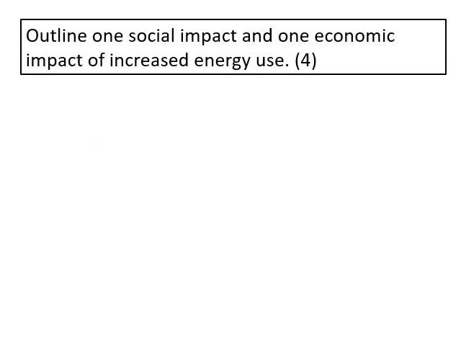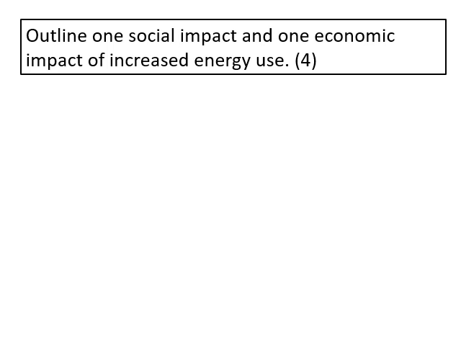Okay, one more question, just because I know you love doing exam questions, and they're only 4 marks, so technically only 4 minutes. This question says, outline 1 social impact and 1 economic impact of increased energy use. Now, the same style question as what we've just had. The command word, outline. This isn't just give, this is say, give me some information, develop it.